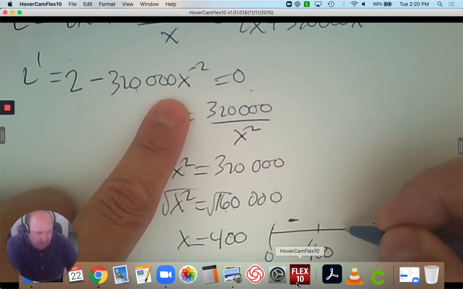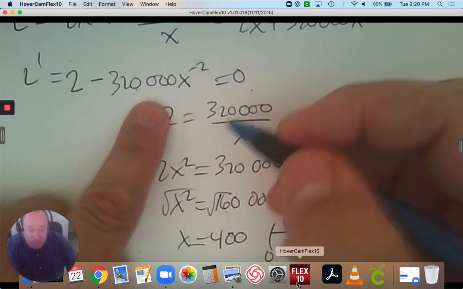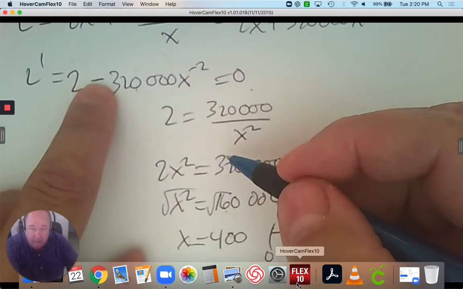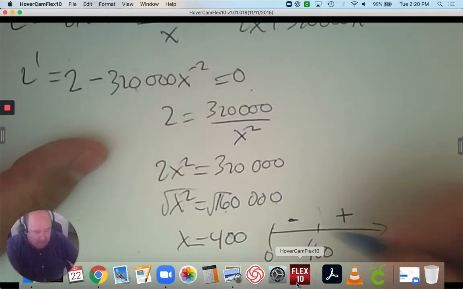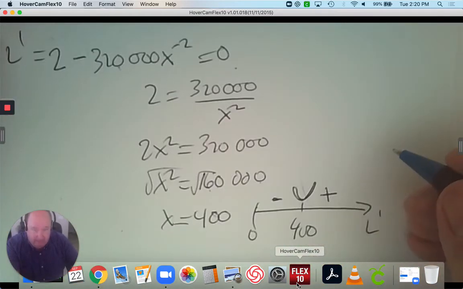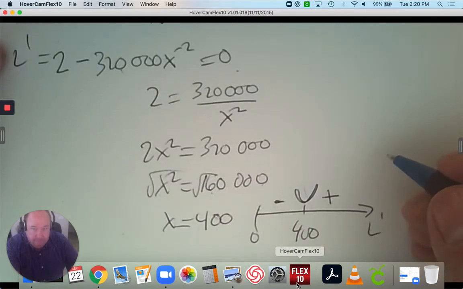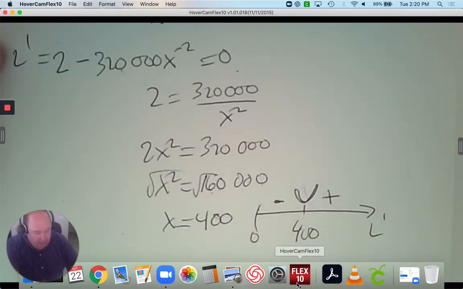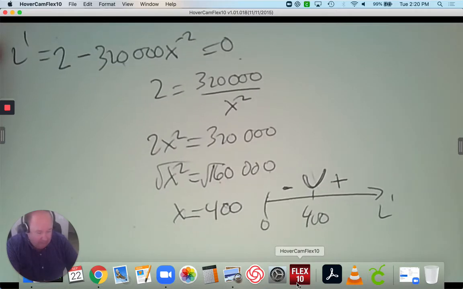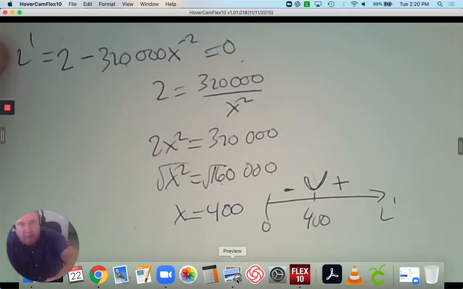If I plug in 500 or 600, you get a positive answer, because this would be a very small fraction. So 2 take away a small fraction. Positive answer. That creates a minimum. And so what I'm looking for is the minimum. So that's my answer.